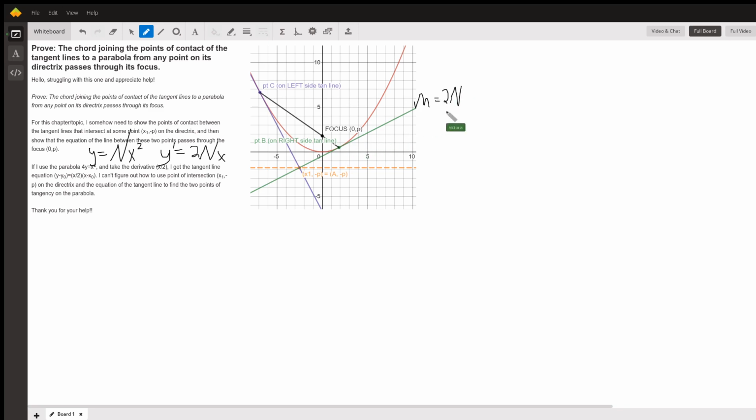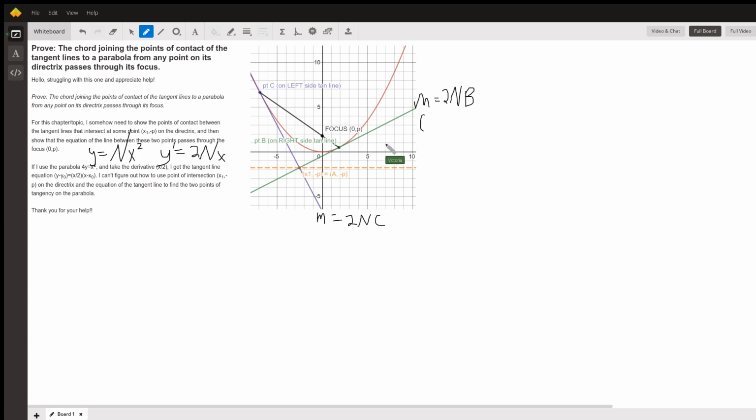Well, this x coordinate is b. And this purple tangent line has a slope, which is 2n times x, and this x is point C. The x value is C. Now, we also know that point B here has to pass through (A, negative P).